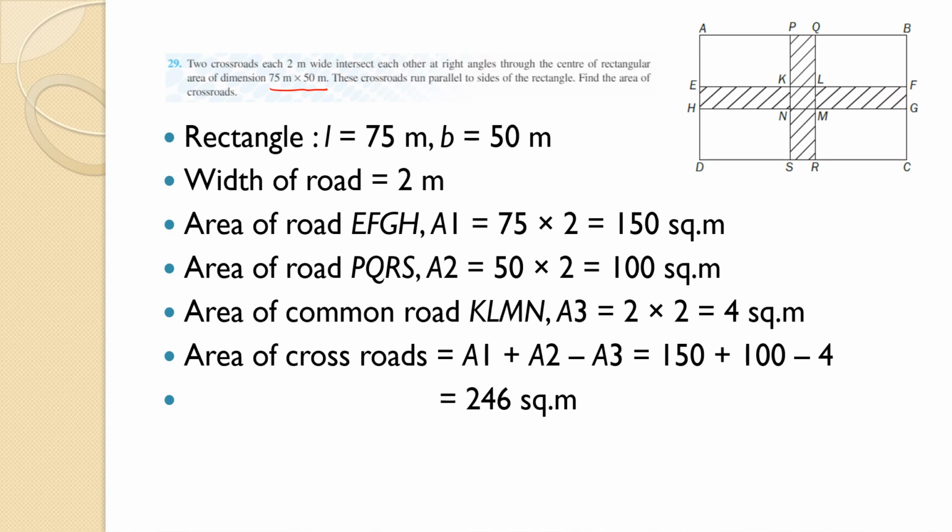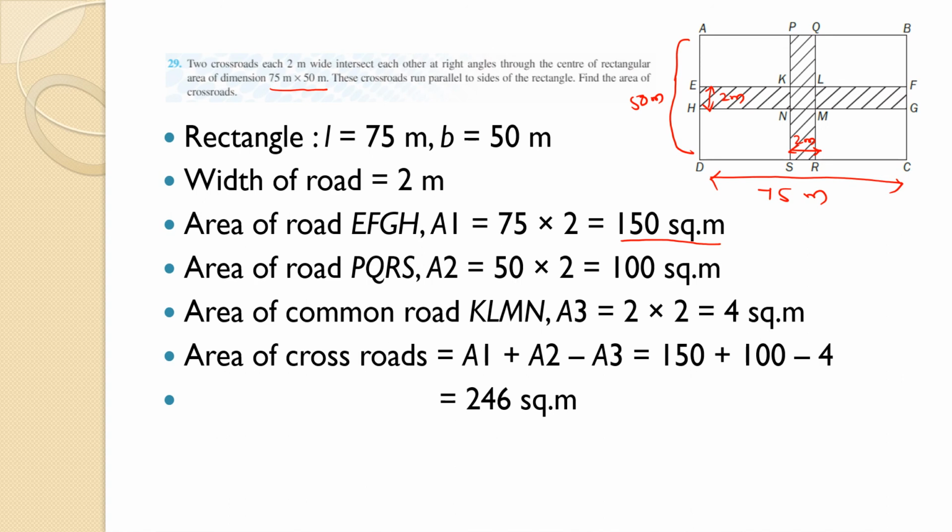Here we have a rectangle whose length is equal to 75 meter and breadth is equal to 50 meter. Now the width of the road, that is the crossroad, is equal to 2 meter. First I will find the area of the road EFGH, that will be 75 into 2, so the answer will be 150 square meter.